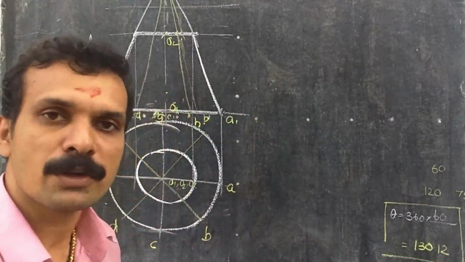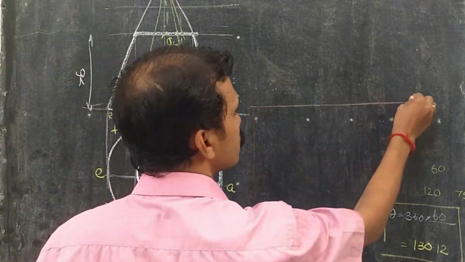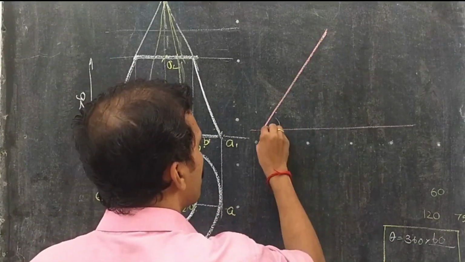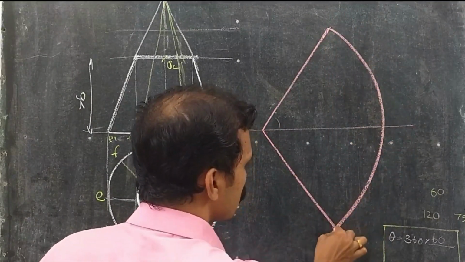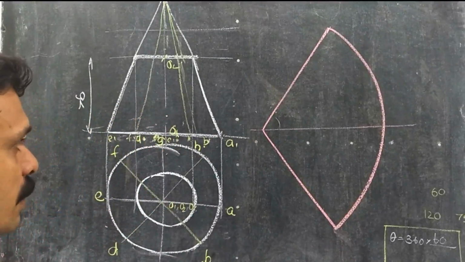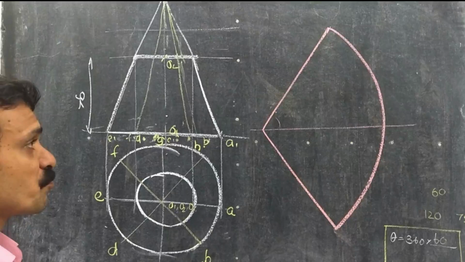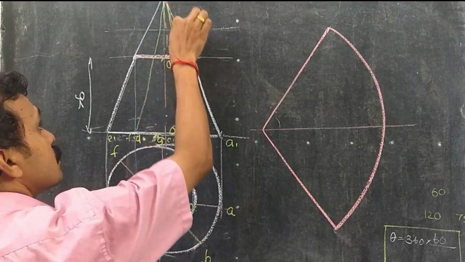You will obtain a value of around 130 degrees. So, we can construct the development of the cone, and from that cone we have to cut this portion, right.